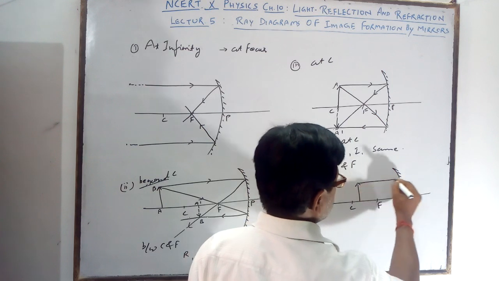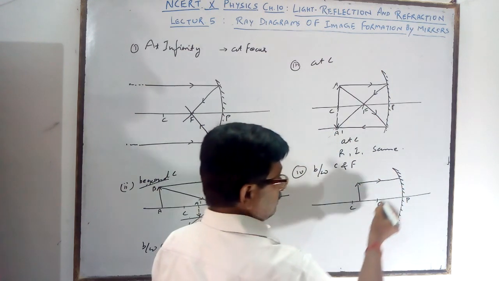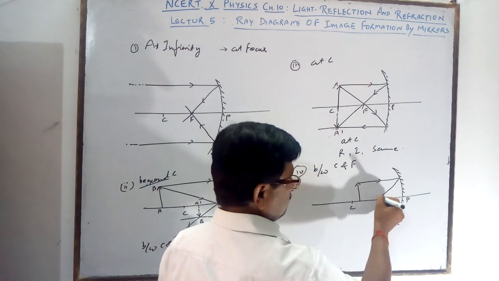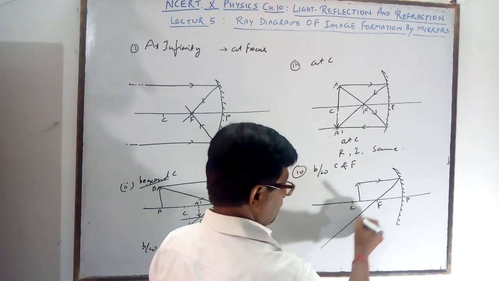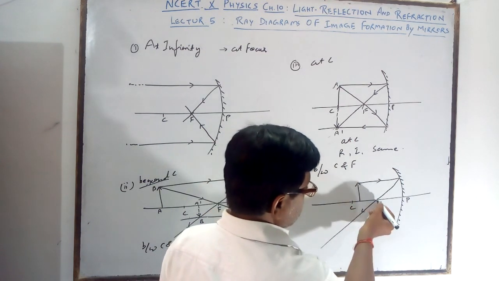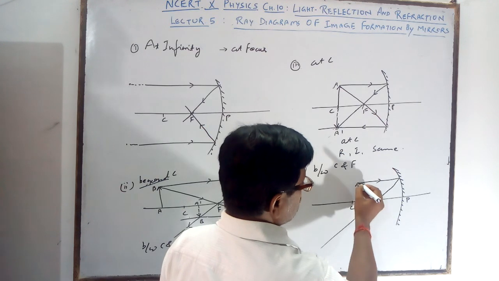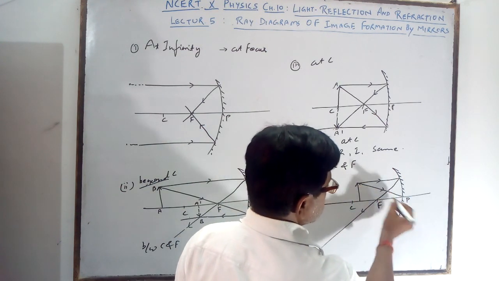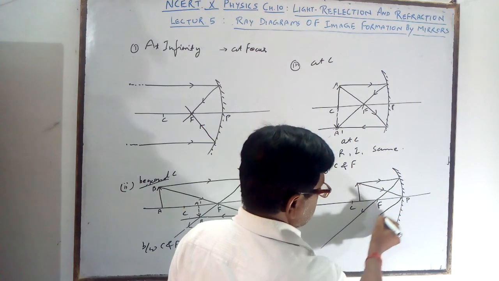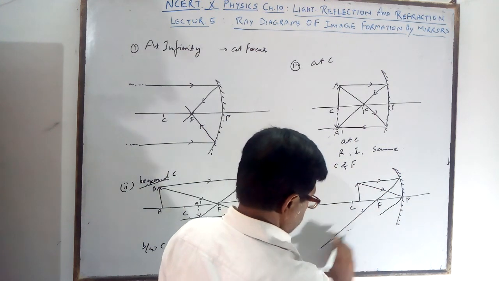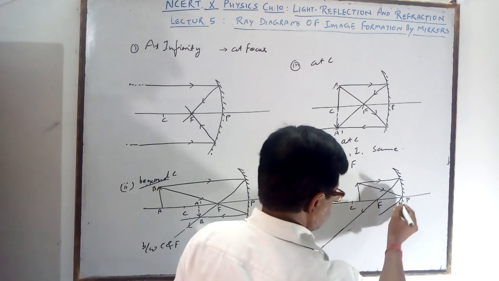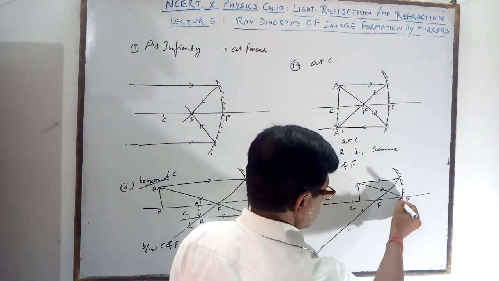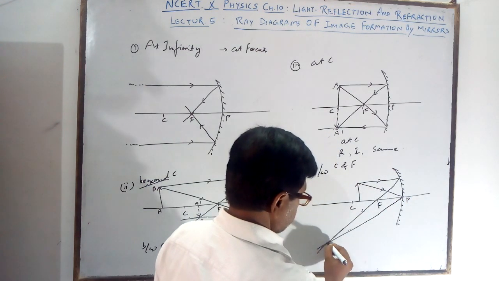Then from here one ray you take parallel which passes through the focus. And one you can take from here, and you have an option to take the pole. It will make the same angle with the principal axis and you get this.